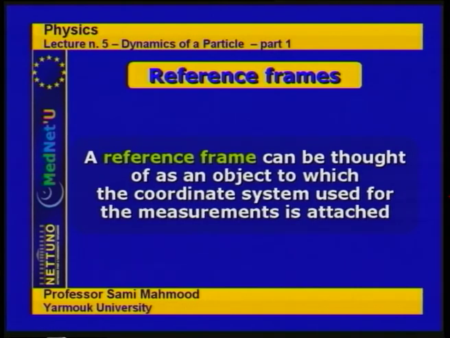For measurements which are necessary for science, for physics as an experimental science, we need to define a set of coordinates relative to which we make our measurements. And the system of coordinates is attached to a given body. That body is called the frame of reference.